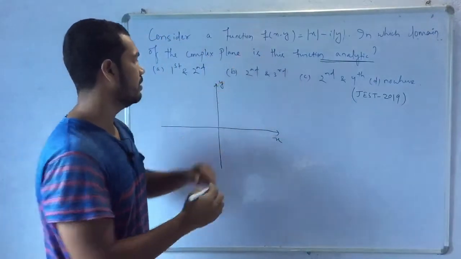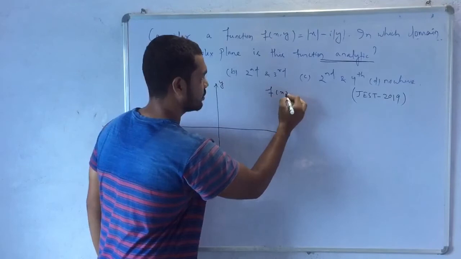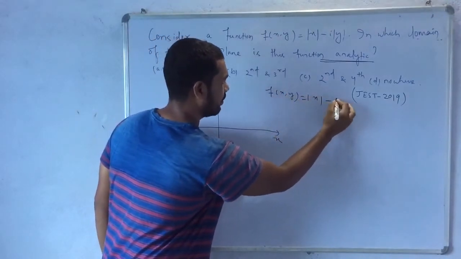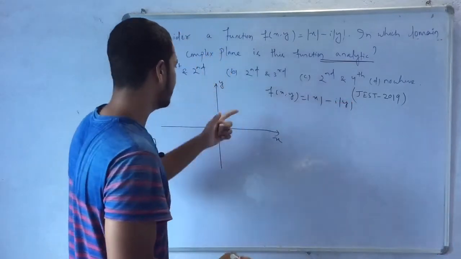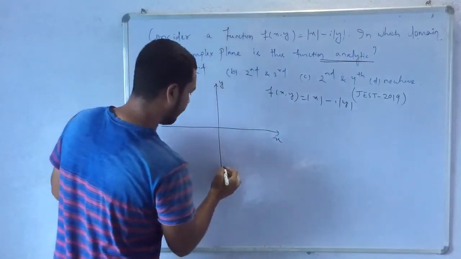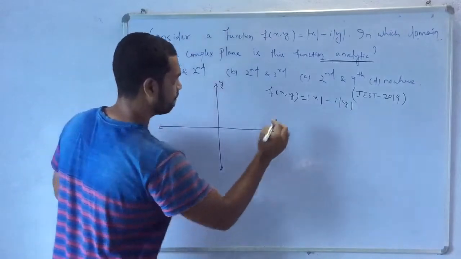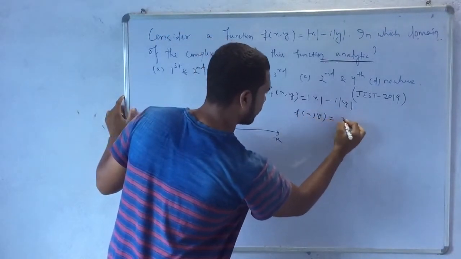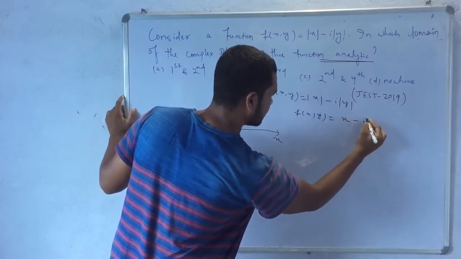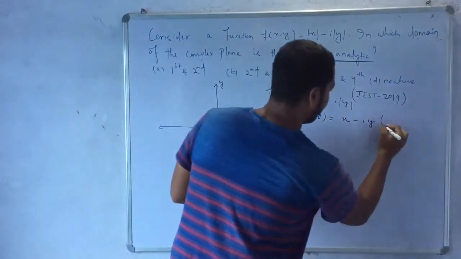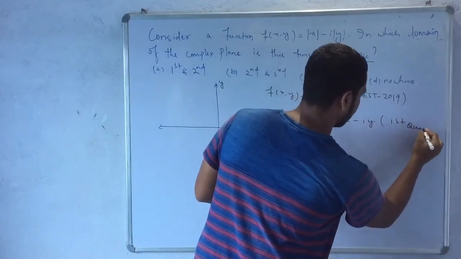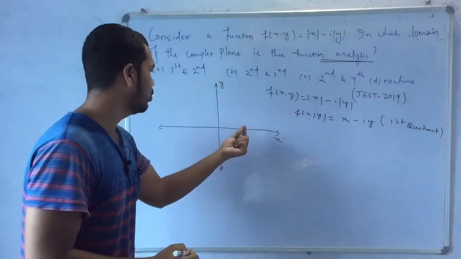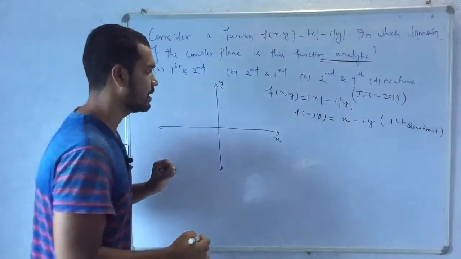So for the given function f(x,y) equal to |x| minus i|y|, for the first quadrant, f(x,y) is equal to x minus iy. This is for the first quadrant, because in the first quadrant the values of x and y are positive.